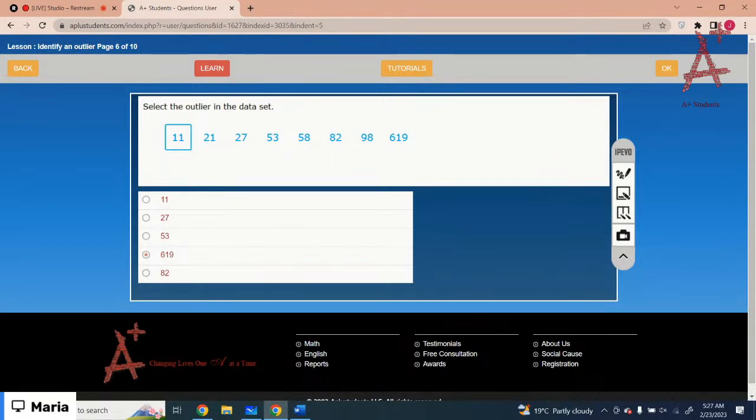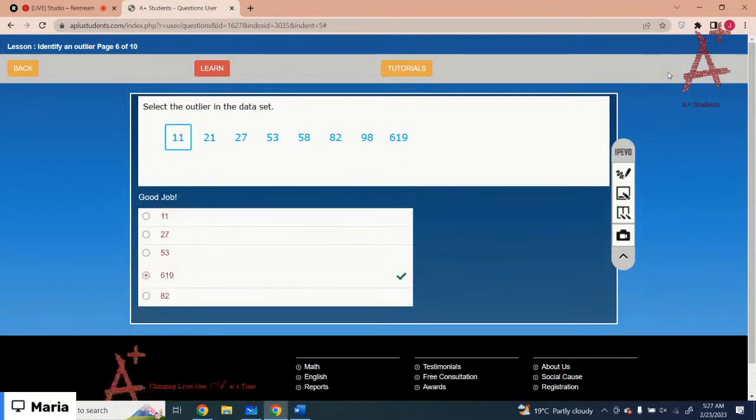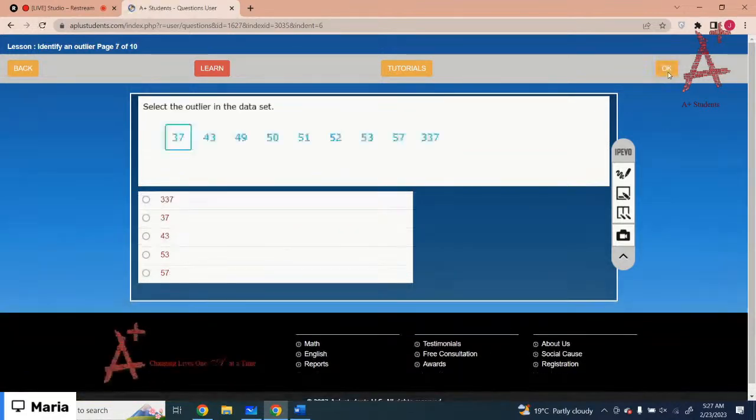So select the correct option, then click on the OK button. Select the outlier in the data set. So which is the outlier? Yes, 337 is the outlier.